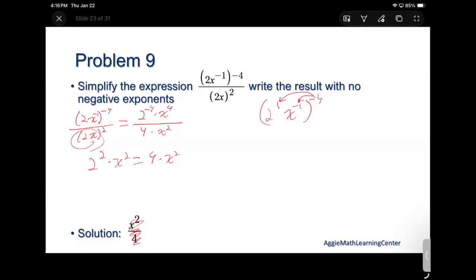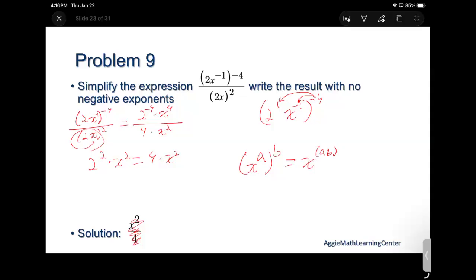So how come we're distributing it instead of using the property where it's like x to the a plus b, when you have the outside parenthesis and inside parenthesis exponent? Yeah, so we have the property x to the a to the b is equal to x to the a times b, not a plus b.